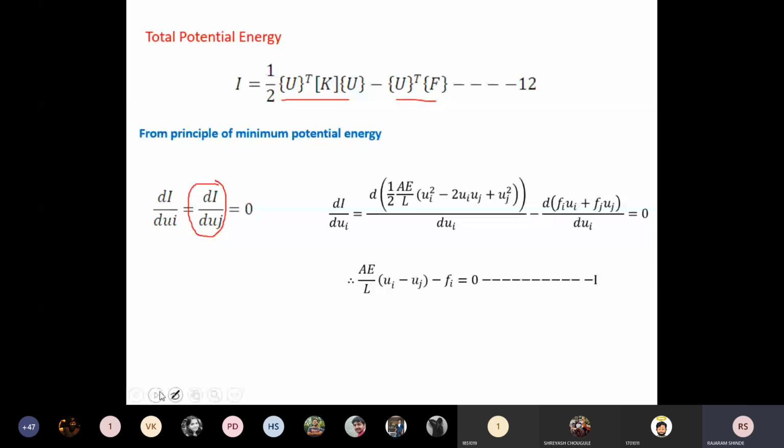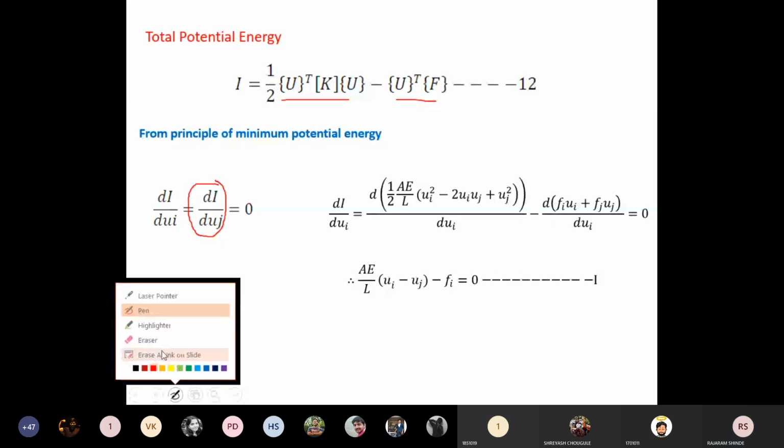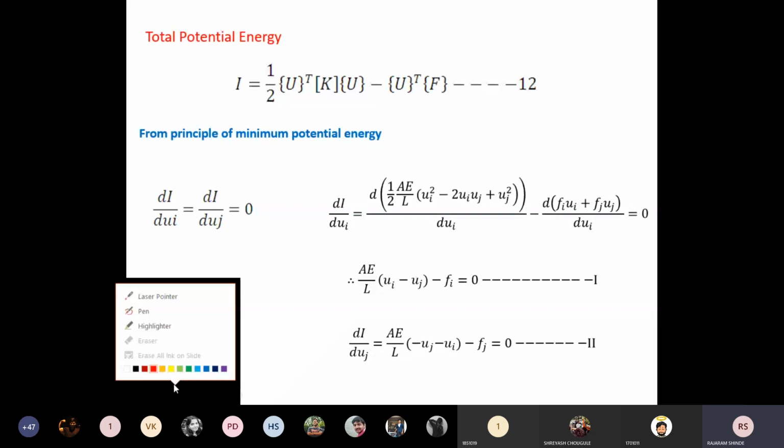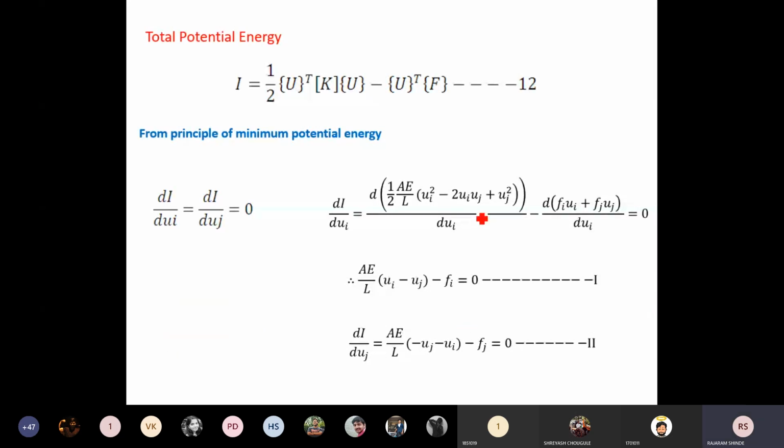Now I will write this as the second equation. You see here, I have written minus uj. I have made a mistake here. It should be plus, right?